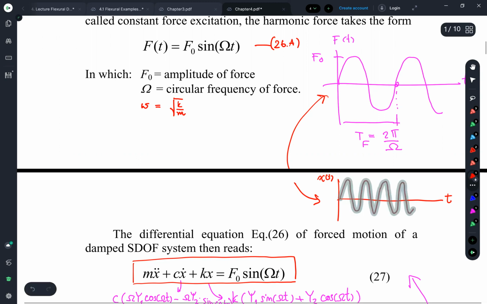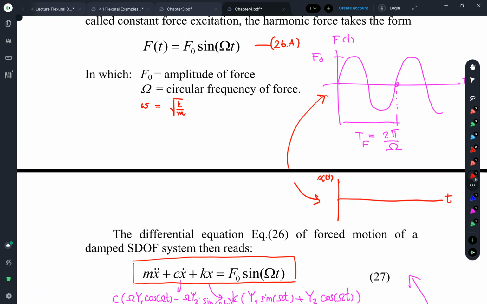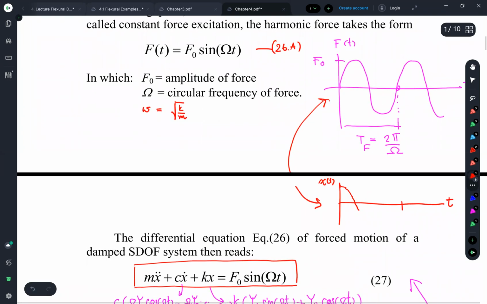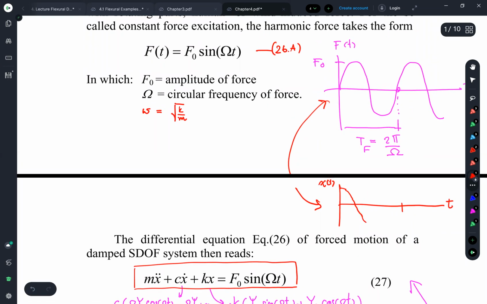The only thing that could make the left-hand side and the right-hand side equal is something like this, right? I have to go with the same frequency, no matter whether it's starting from 0 or not. I'm sorry that my drawing is not so cool, but it could be something like this.